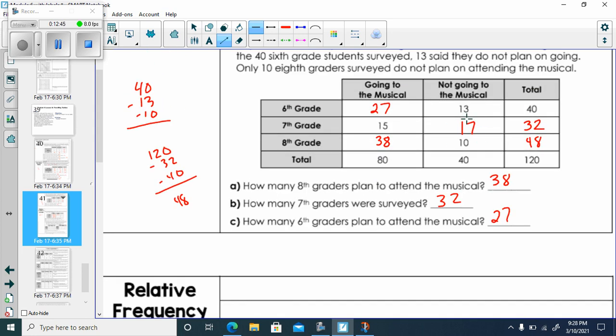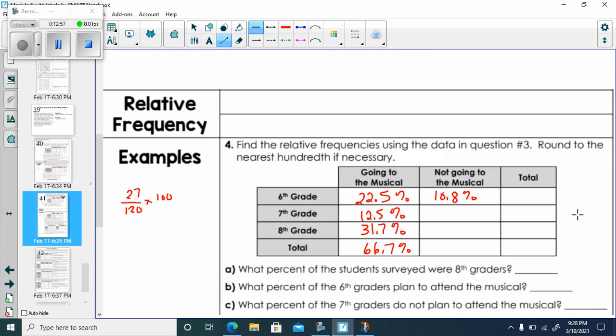All right, 17 out of 120 are seventh graders not going to the musical. So 17 divided by 120 times 100 is 14.2%. 14.2% of the people surveyed are in the seventh grade and not going to the musical.